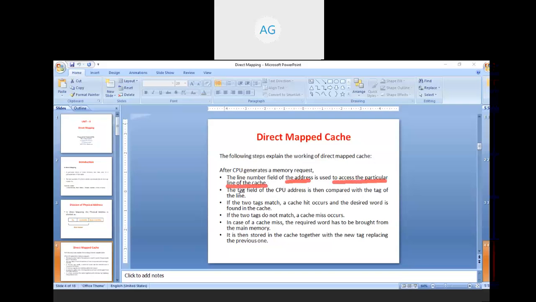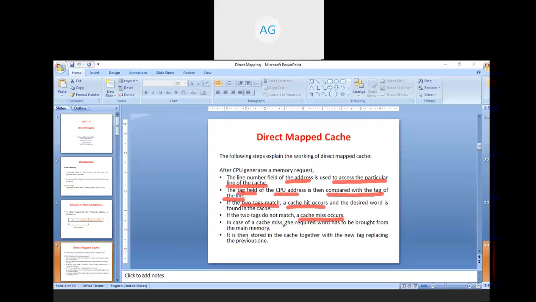The tag field of the CPU address is then compared with the tag of the line. If the two tags match, meaning the tag field from the CPU address and the tag field from the cache line, a cache hit occurs and the desired word is found in the cache. If the two tags do not match, a cache miss occurs.